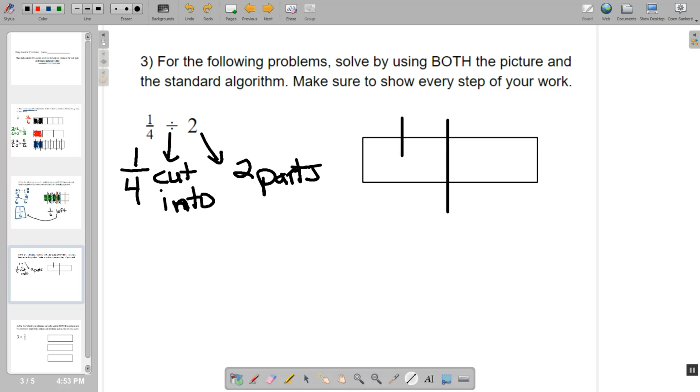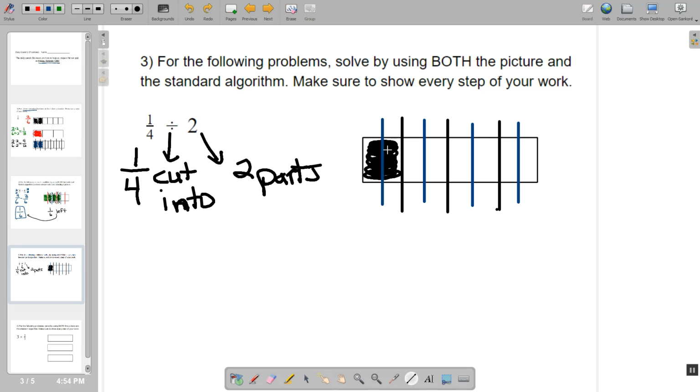and I'll do my shading. So I have 1/4 right here. And what I need to do is I need to cut it into 2 equal parts and then get rid of one of them. So I cut that into 2 equal parts, but I got to cut every part of my fraction into 2 equal parts.